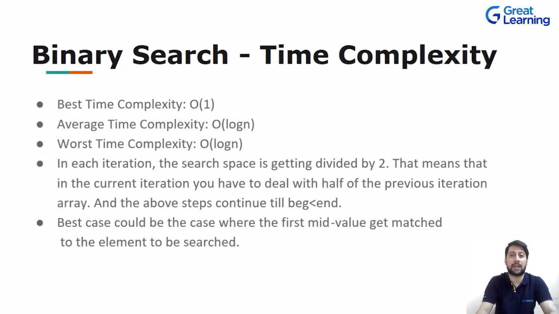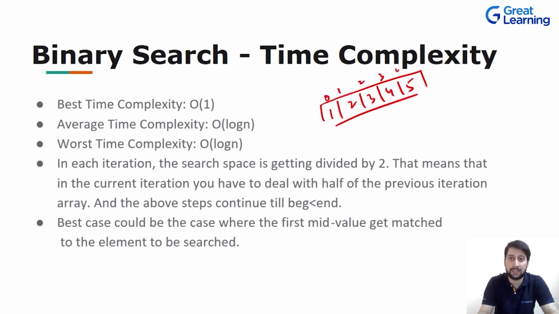Now let's talk about the time complexity of binary search. Now, in the best case, now what is the best case? Now let's take an array, and in that array, 1, 2, 3, 4, and 5. These are the elements. Now, the best case is not that, like we saw in linear search, when we are looking to search for the first element, at that time that was the best case scenario for linear search, right?